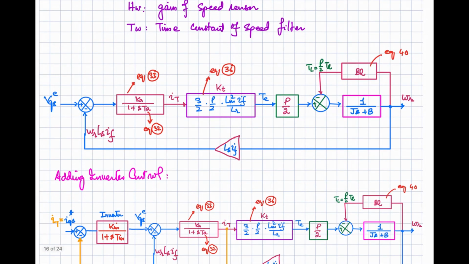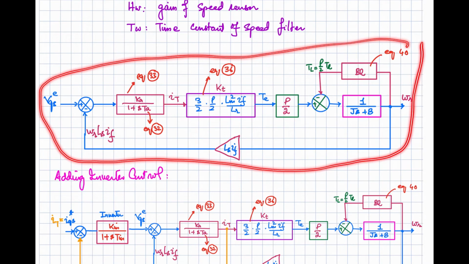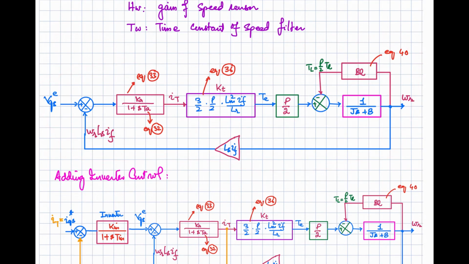Okay, now let's look at the control diagram that we have already developed for our induction motor for the Q axis voltage, and how it is linked with the speed omega r to the different motor parameters. Now, how to control this voltage?